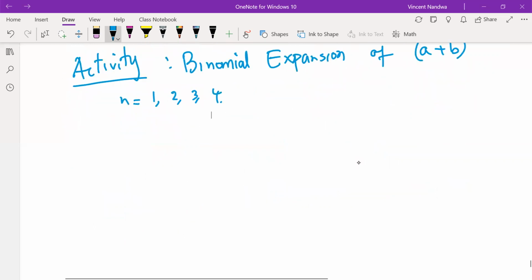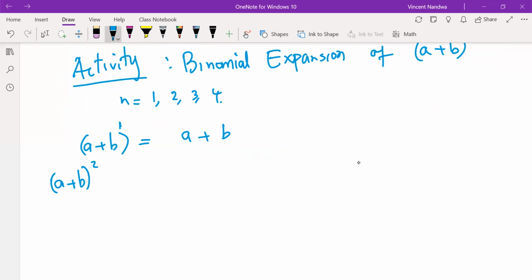So the first case, (a + b)^1 gives us just a plus b. Then (a + b)^2, when you expand this, you get a squared plus 2ab plus b squared.